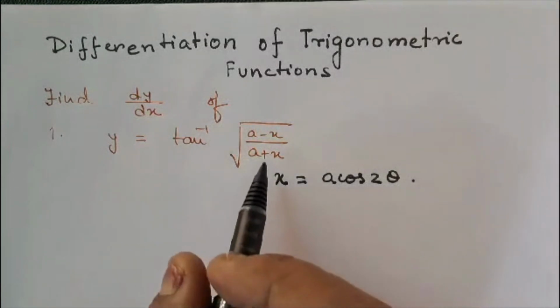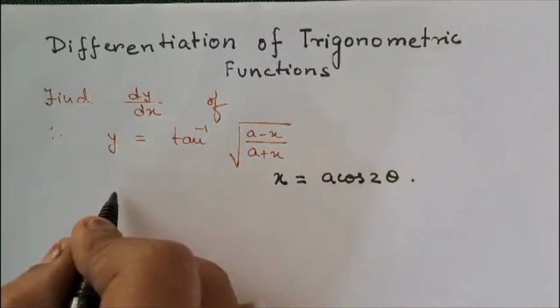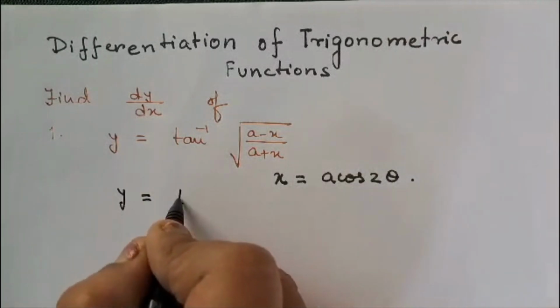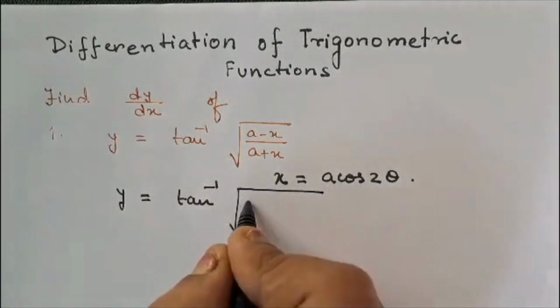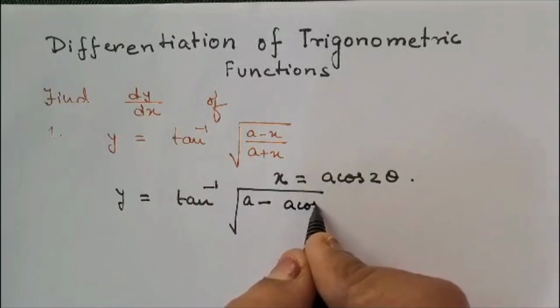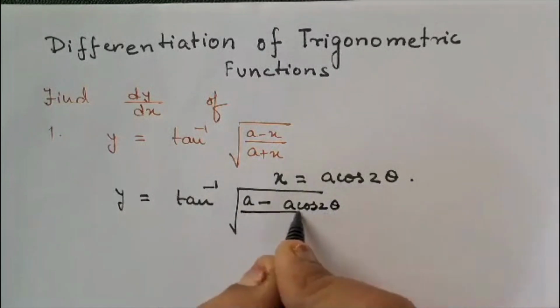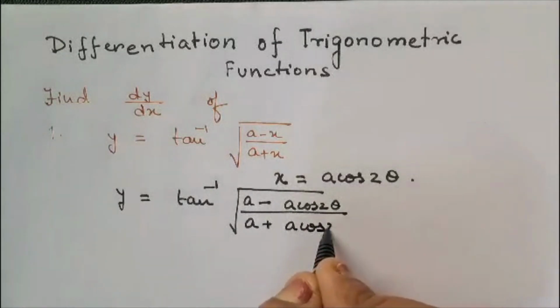So in this case I am substituting x as a cos 2 theta. So then I am getting y is equal to tan inverse of whole square root of a minus, in place of x I am writing a cos 2 theta, whole by a plus a cos 2 theta.